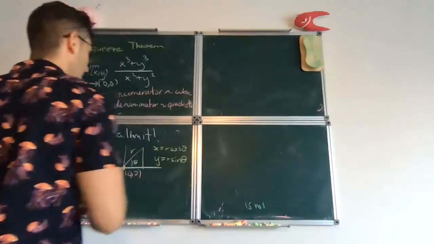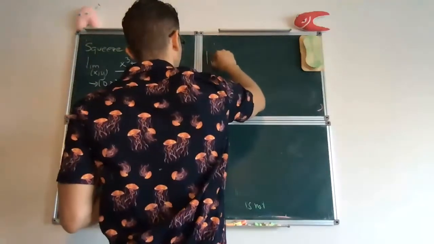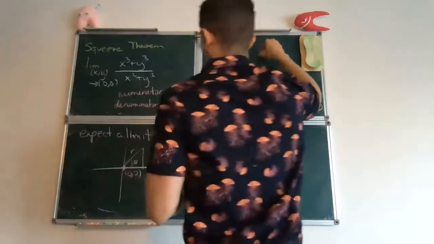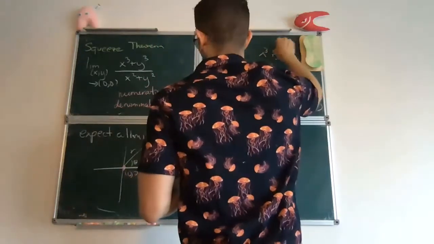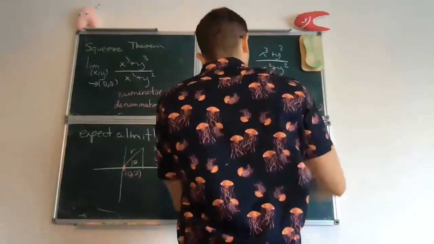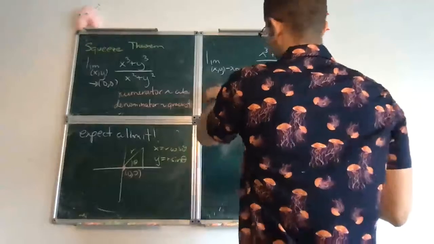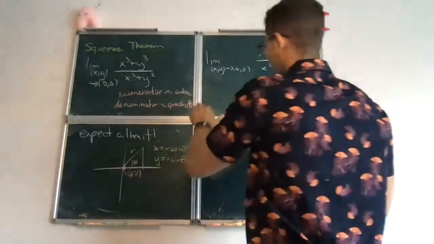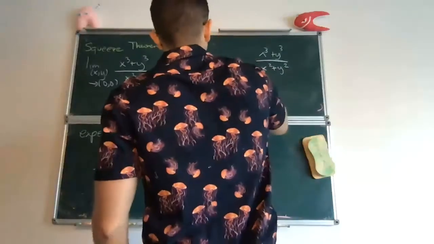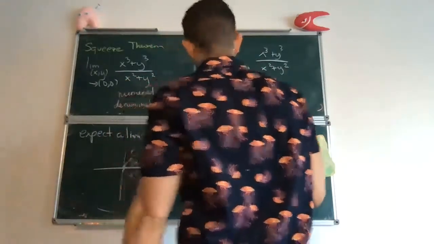And so the limit as (x, y) goes to (0, 0) of x cubed plus y cubed over x squared plus y squared, if you change this to polar coordinates, (x, y) going to (0, 0) can only happen if the distance to the origin goes to 0. So this is like the limit as r goes to 0.